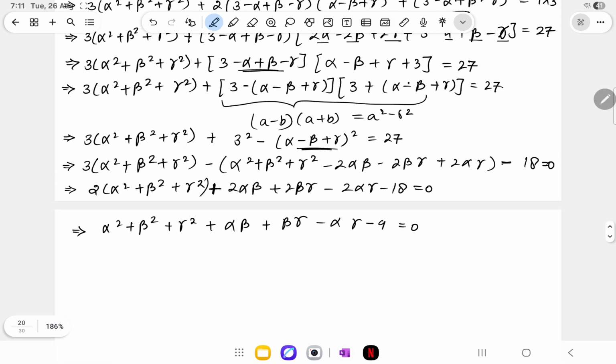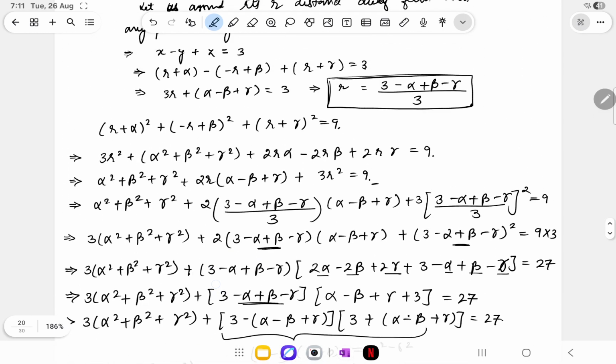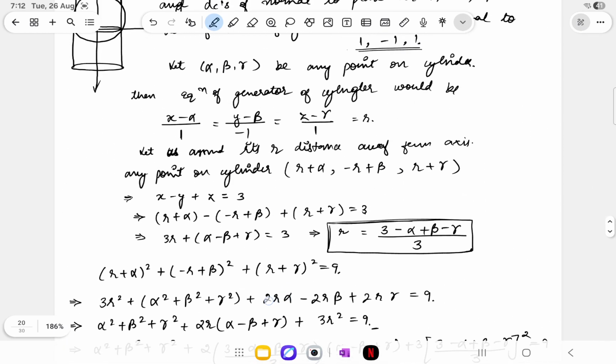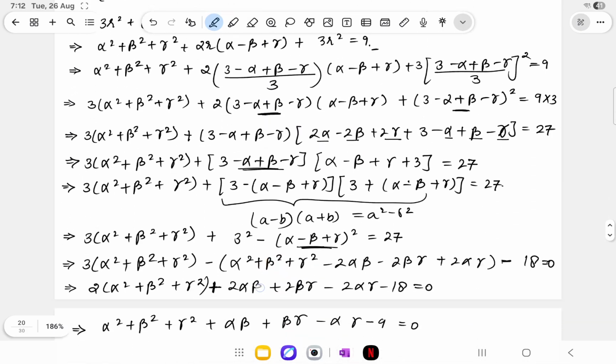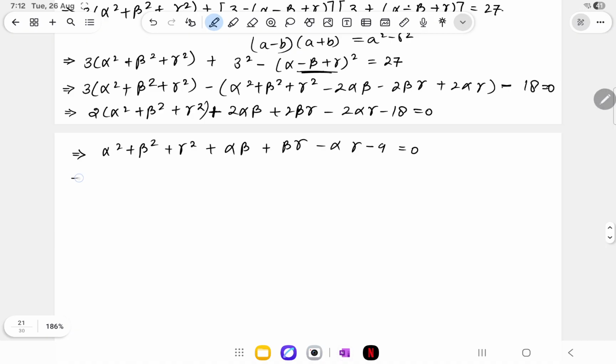But if you remember, alpha comma beta comma gamma we assumed as any arbitrary point on the cylinder. So if alpha beta gamma is any arbitrary point, this is basically my locus of the cylinder.